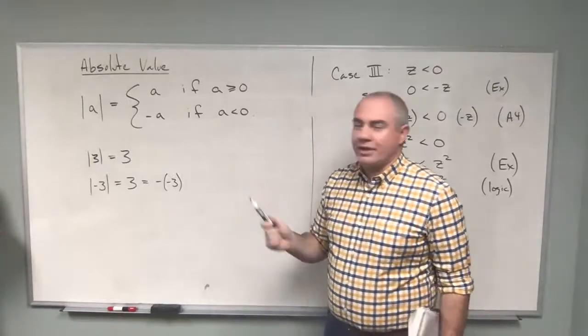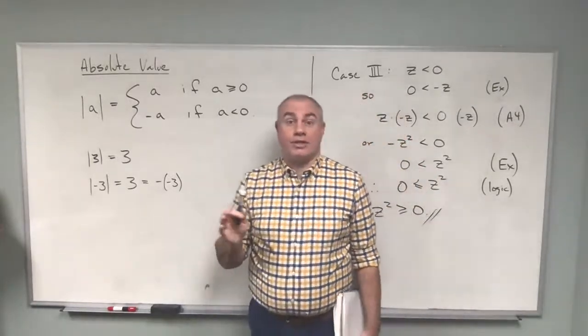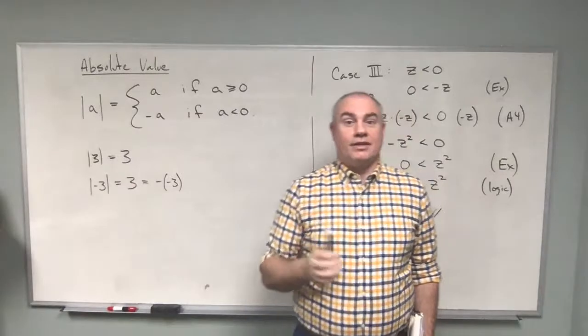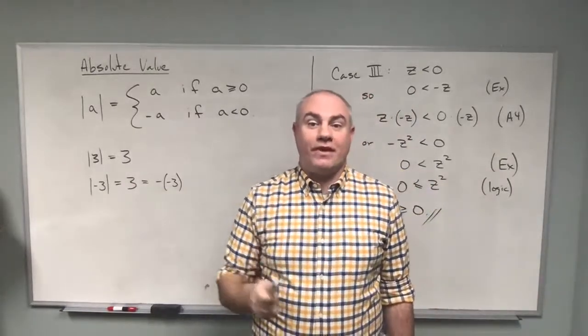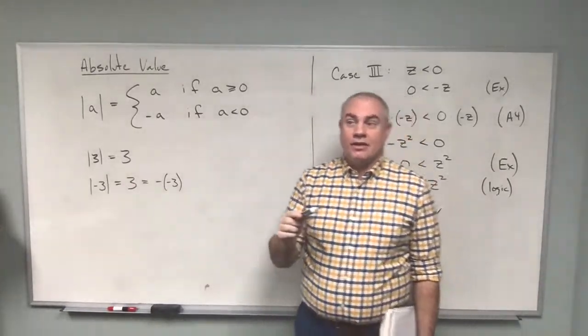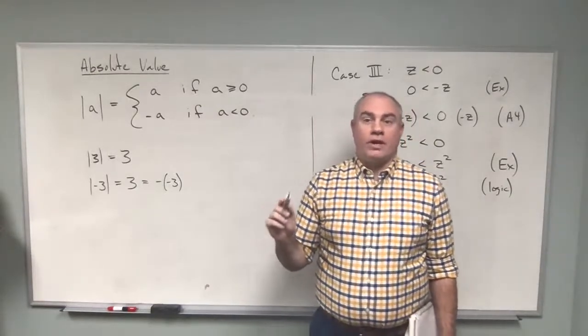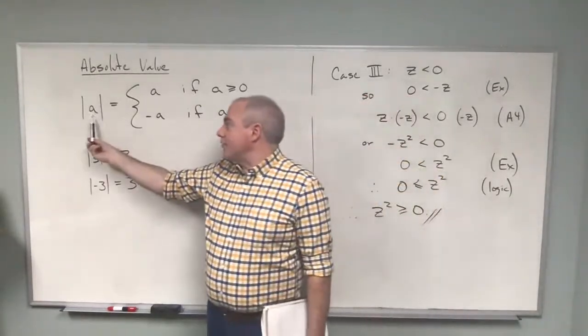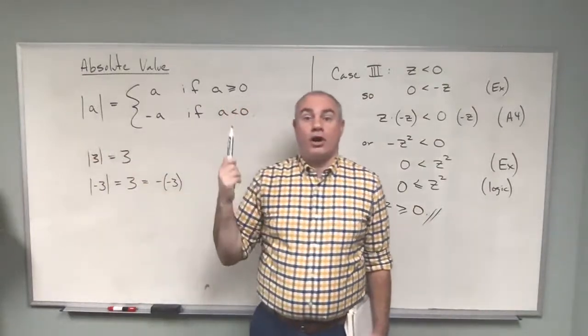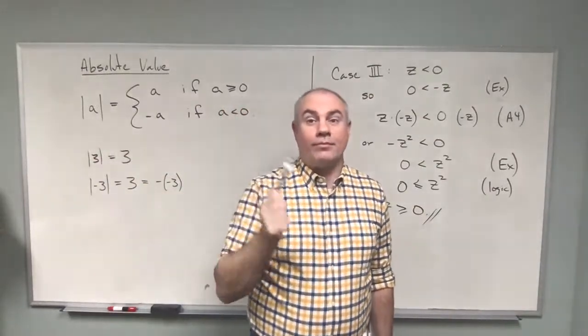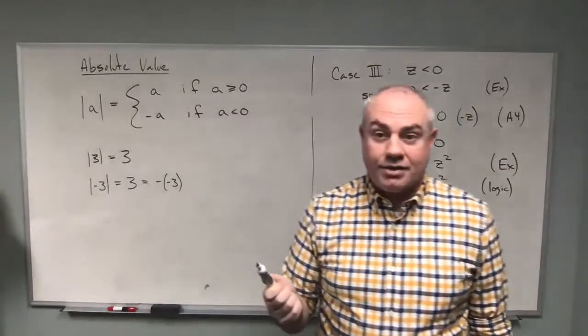One other way of thinking about absolute value, and actually this is the right way to think about absolute value, is the distance that a point lies from the origin. So if you thought of absolute value of A as saying, how far is A away from the origin, you would be right.